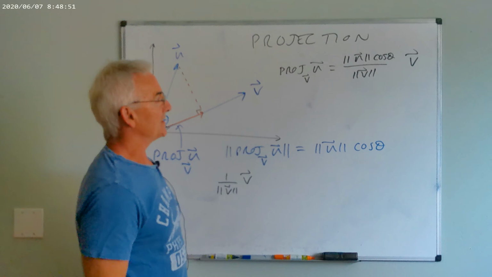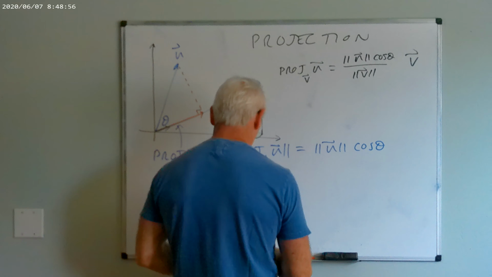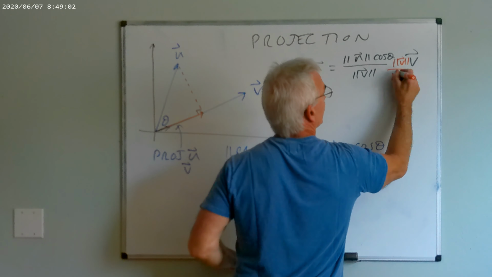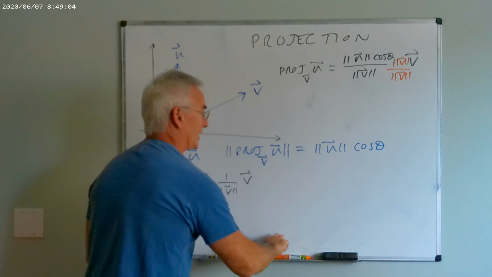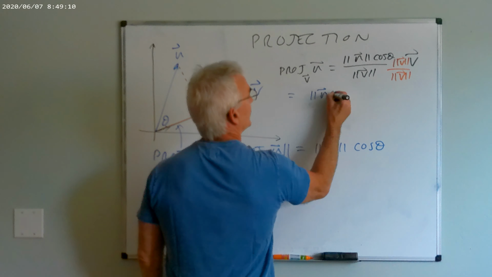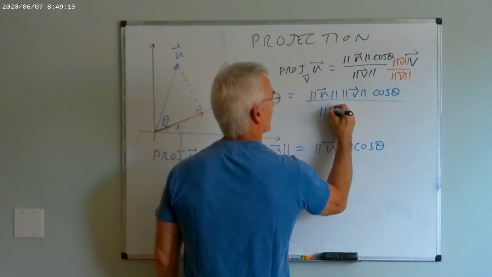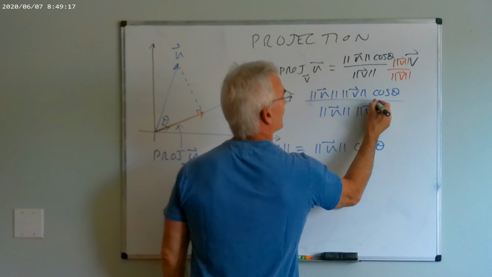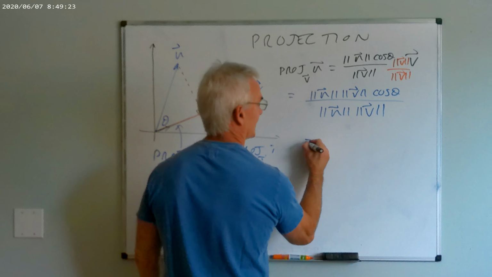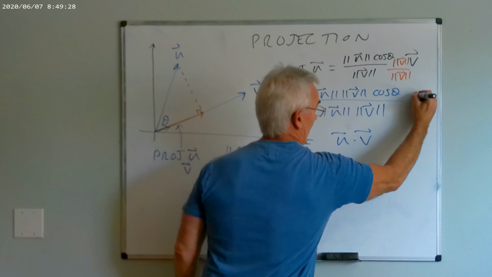But what if instead I said, let's multiply the numerator and the denominator of this quantity simply by the length of v. If I multiplied numerator and denominator of that quantity by the length of v, then this would become length u, length v, cos theta in the numerator, length u, length v in the denominator, and that simply gives us u dot v, and by the way, times v, sorry.